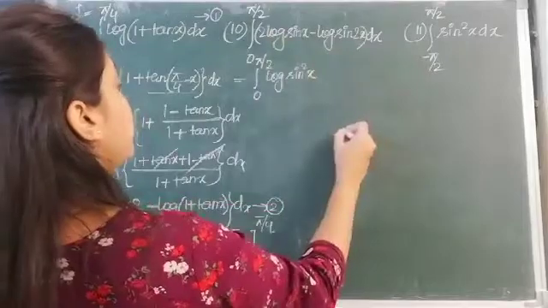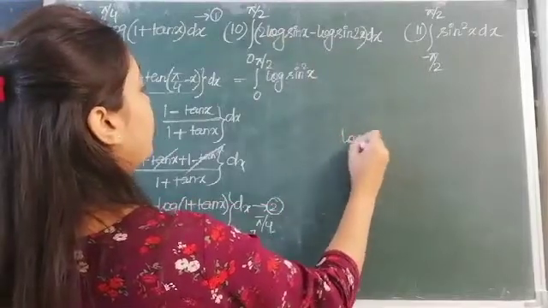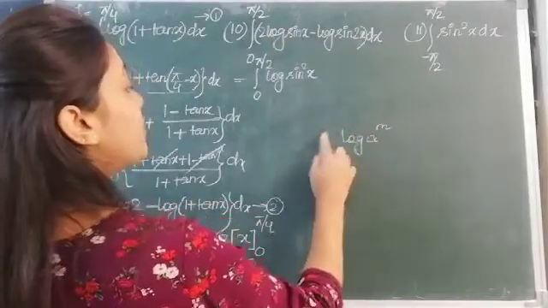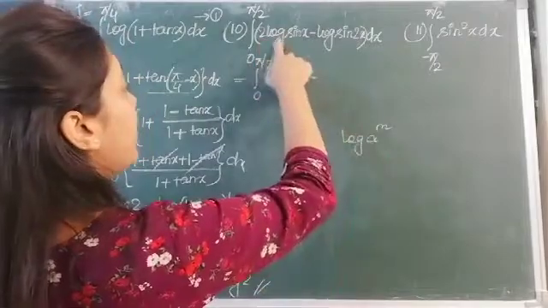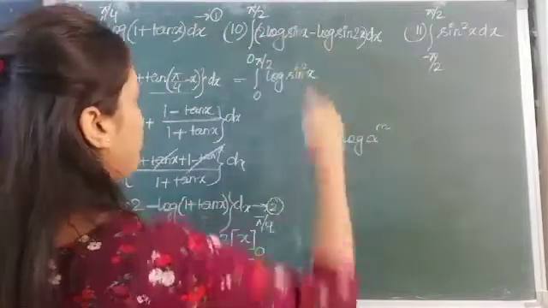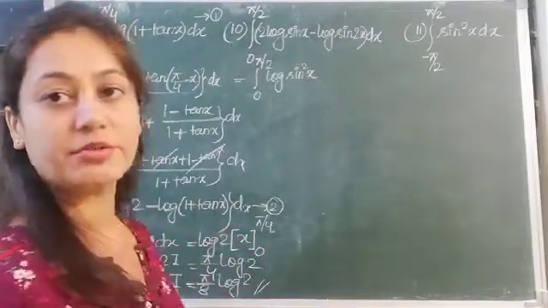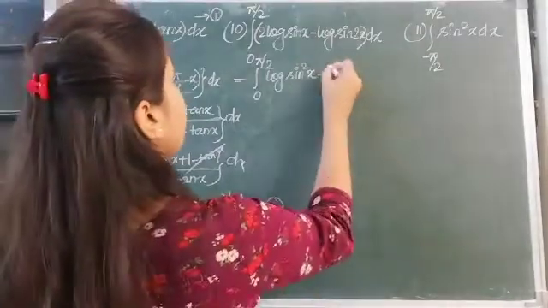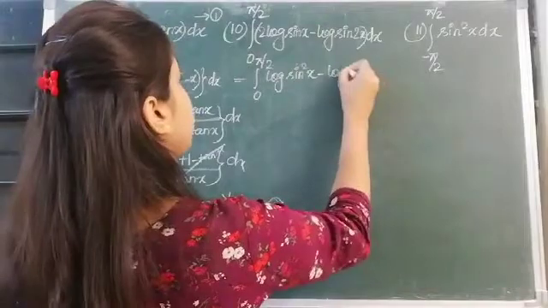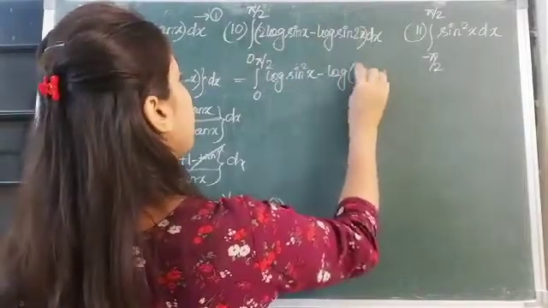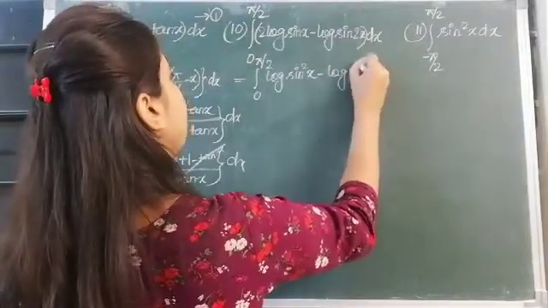Log a to the power m is equal to m log a. So it is given in the form m log a, which can be written as log a whole to the power m. That is sin x whole square, which is sin square x, minus log sin 2x, that is equal to 2 sin x cos x. So I am writing sin 2x itself here.